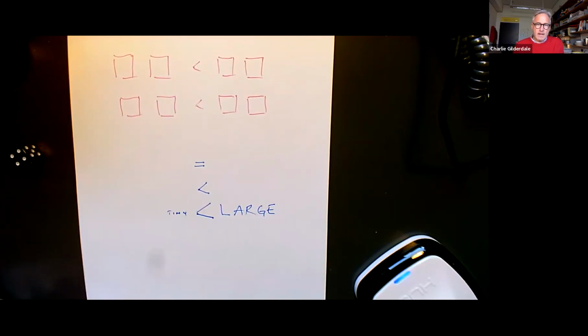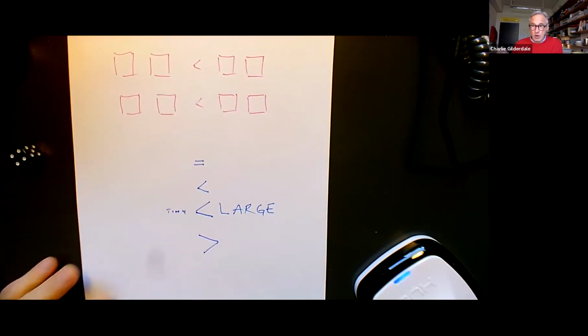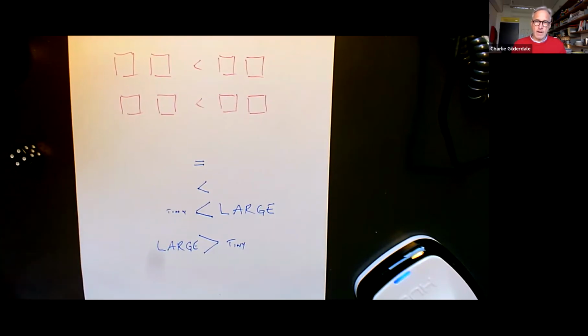So the way that I think about it when I look at that sign is that the number on the right has got to be large, and the number on the left has got to be smaller. And of course, one can have the sign that way round. We're not going to be using the sign that way round today, but when you do have that, then of course it's the large number on the left and the tiny number on the right.